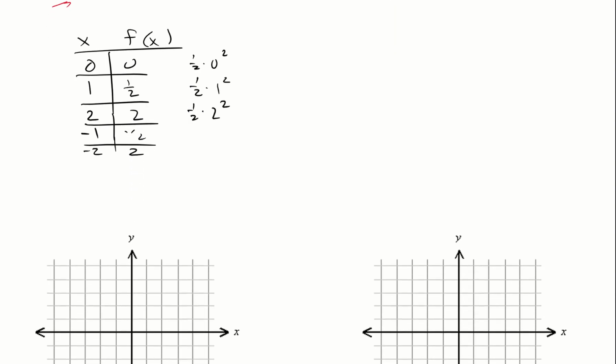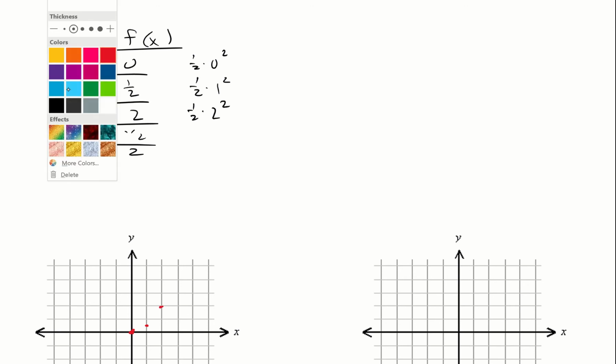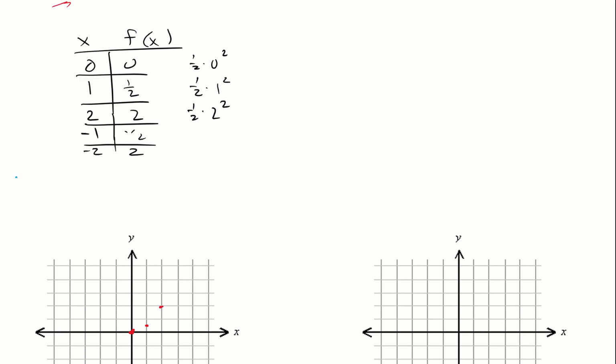So for this particular function, when we plot the points, we're still at 0, 0. But instead of 1, 1, we're at 1, 1/2. And instead of 2, 4, we're at 2, 2. It's interesting to compare these two. Typically it's 0, 0, 1, 1, and 2, 4 up here. So the original curve, if I put it in lightly, does this.